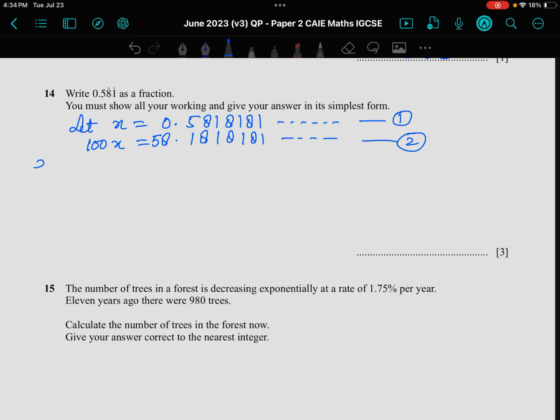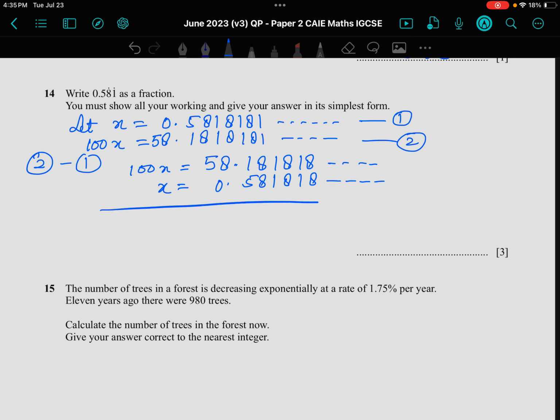Subtract equation 1 from 2. So 2 minus 1 will give me what? 100x is equal to 58.181818, and x is equal to 0.581818. When you subtract these, you will get 99x.